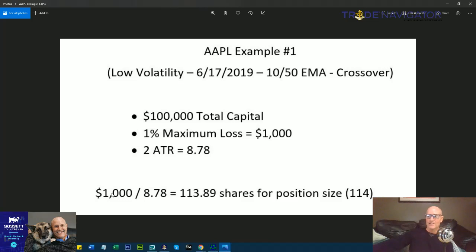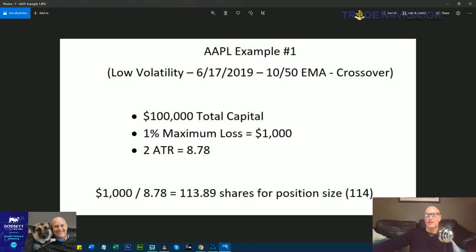So I take $1,000, divide it by 8.78. It's telling me to buy 113.89 shares, or I round up to 114. So that basically means if the price moves against me by 8.78, which is well out of noise, it's definitely telling me I'm wrong. So if my 114 shares move 8.78 points, I will lose the $1,000.